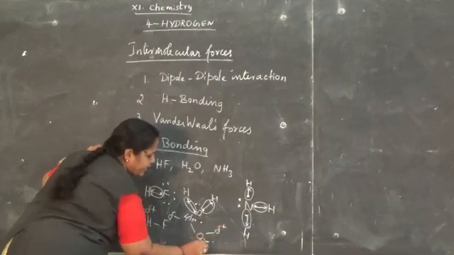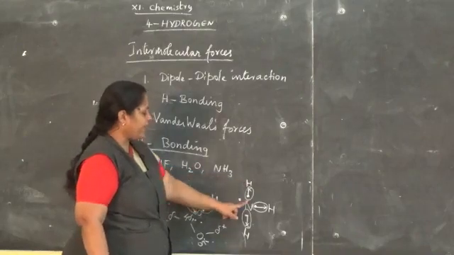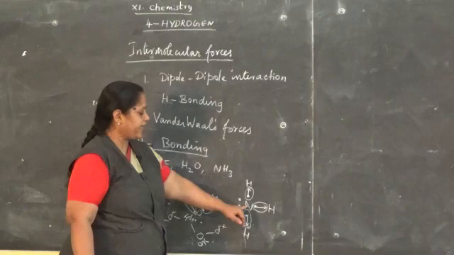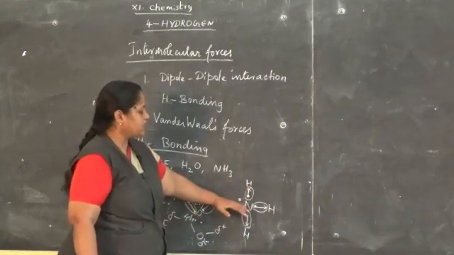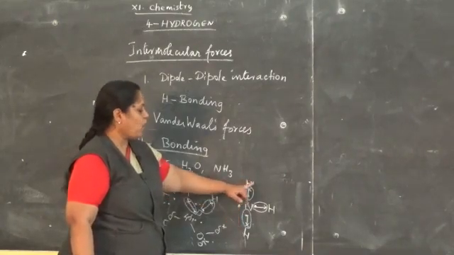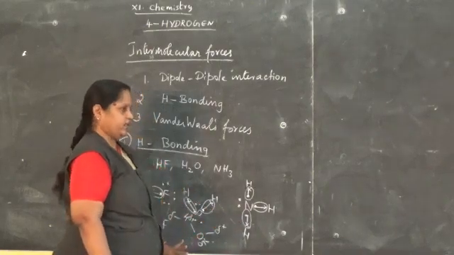That's why I write here 2 minus. Similarly, in ammonia, compared with this hydrogen atom, nitrogen is a highly electronegative atom. So it attracts the shared pair of electrons towards itself. That's why it carries a partially negative charge. At the same time, all these three hydrogens carry a partially positive charge.